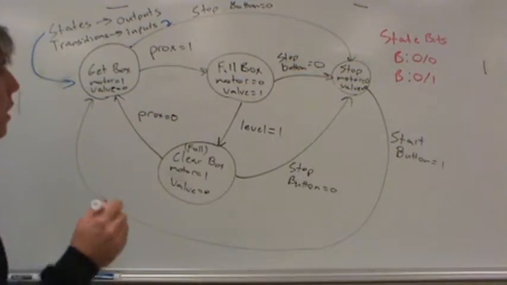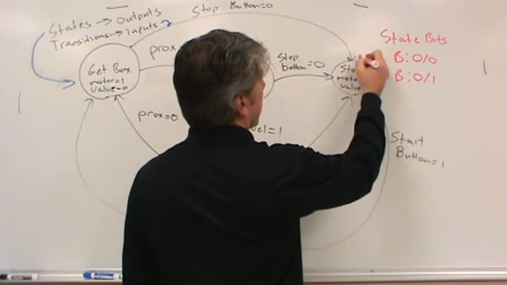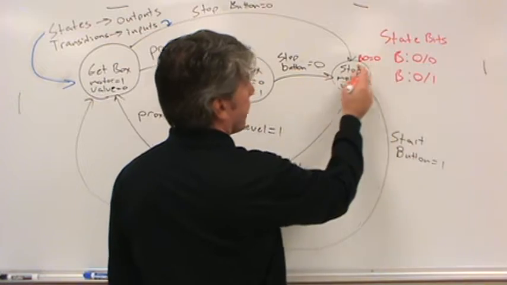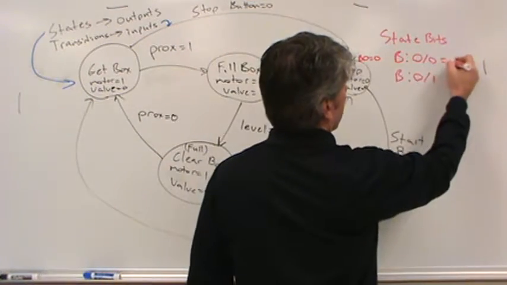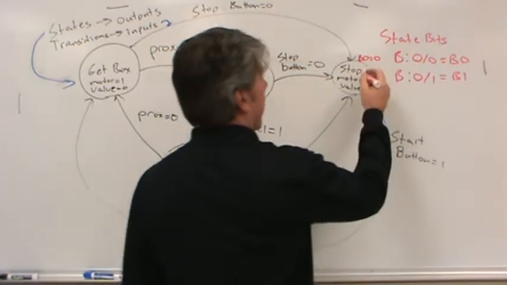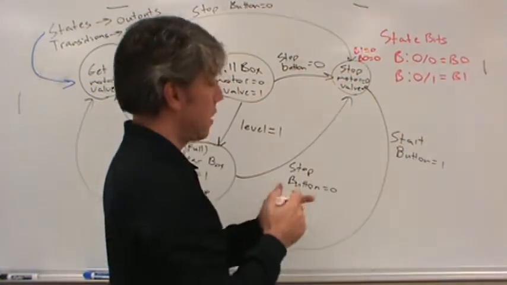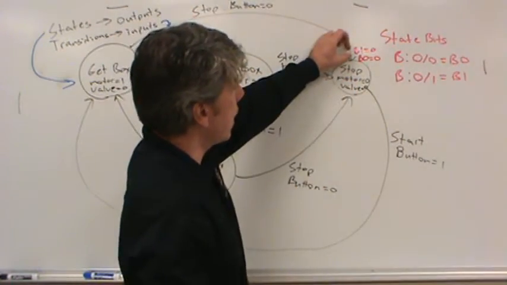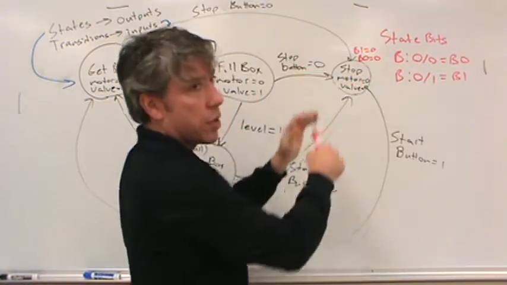And so watch this. If I have the stop state to be B0 = 0, let me abbreviate 0/0 as just B0. We're going to have to write it many times. And I have B1 = 0. If I define those bits and say when B0 is 0 and when B1 is 0, then I'm in the stop state.